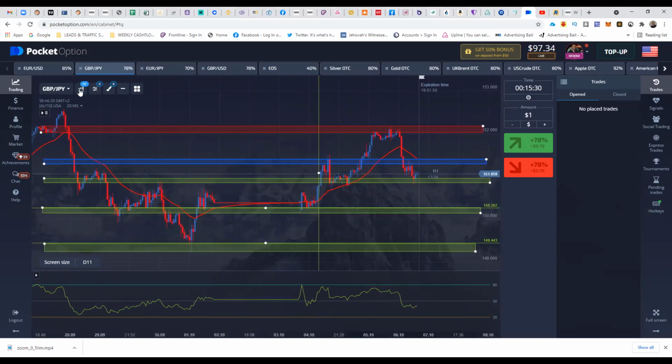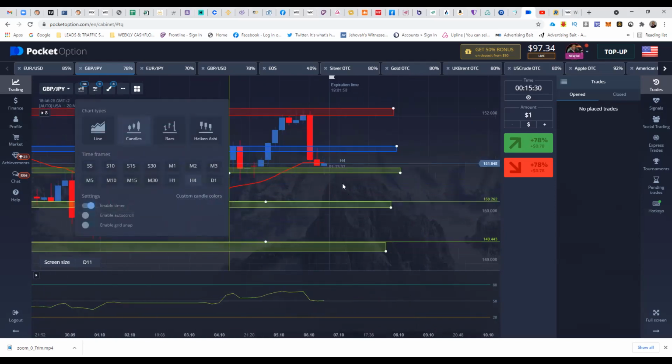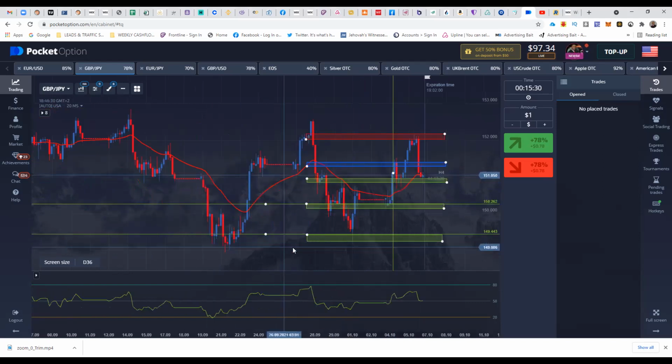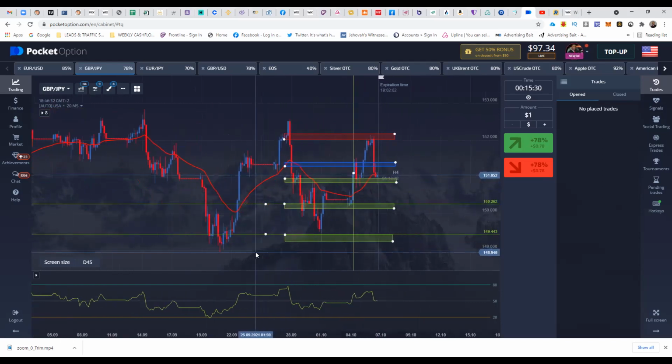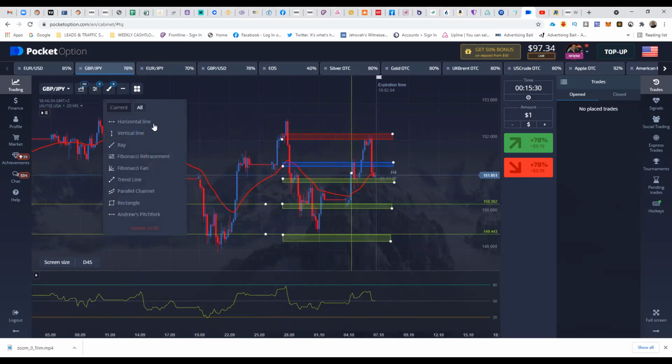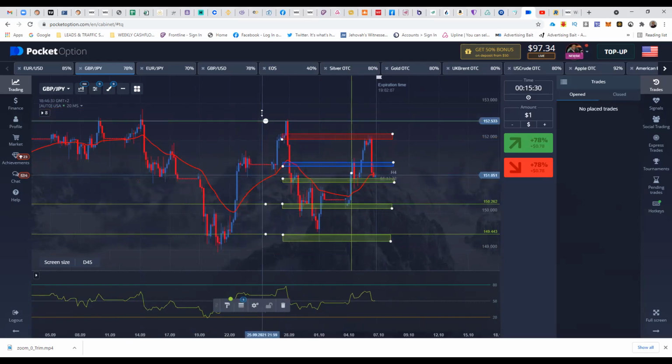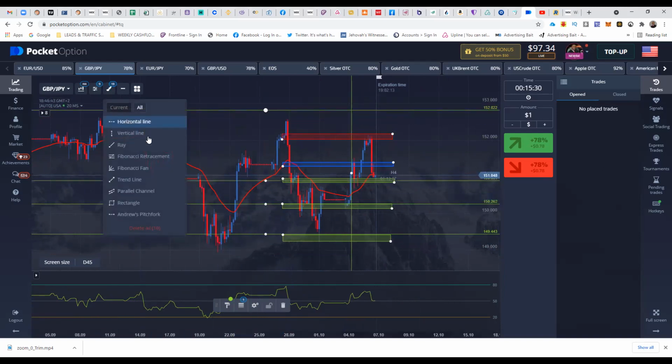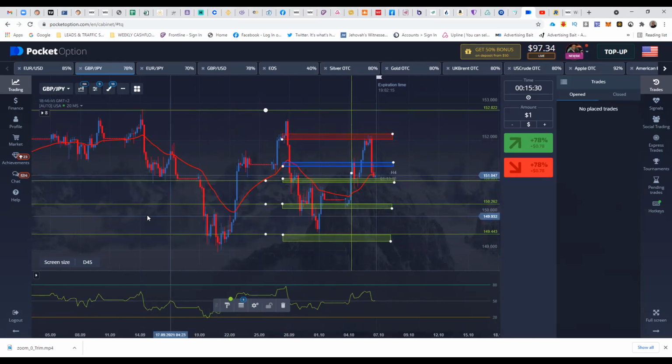Then we're going to go to the 4 hour. Now on the 4 hour here, you see that the next highest high is right up here. Try to put that up here. That's pretty much it. So I'll just draw a zone right up to here.